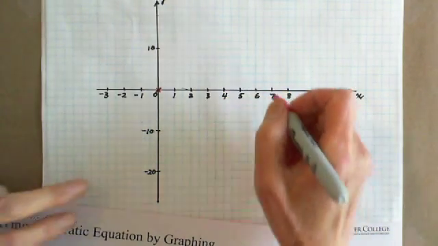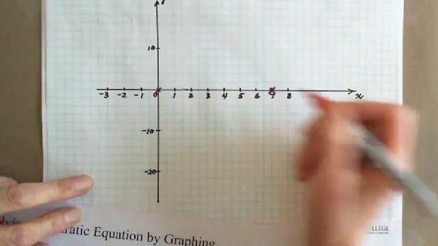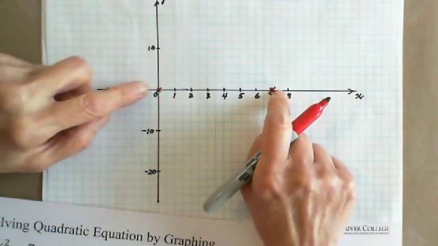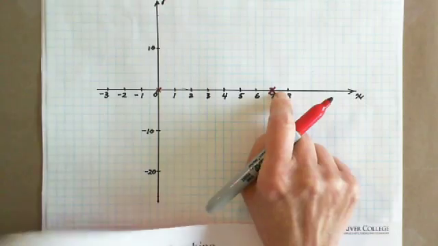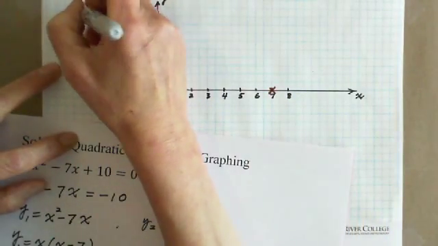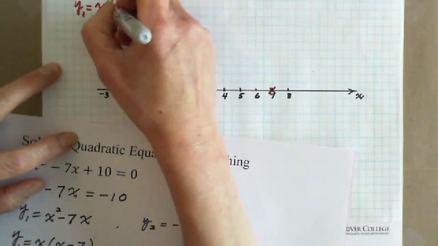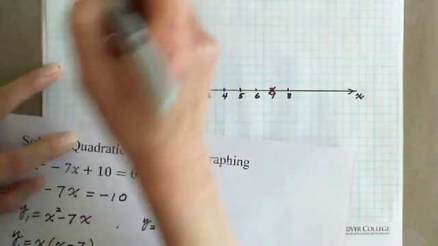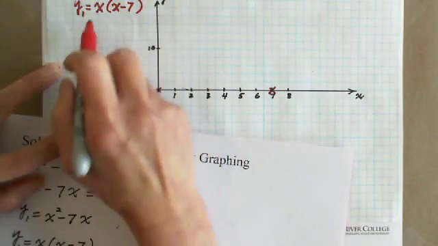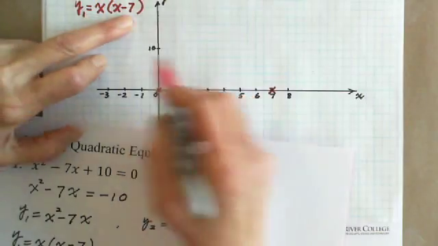When x equals 7, y1 also equals 0 here, right? These two are for graphing y1 equals x times x minus 7. So the x-intercepts are x equals 0 and x equals 7.